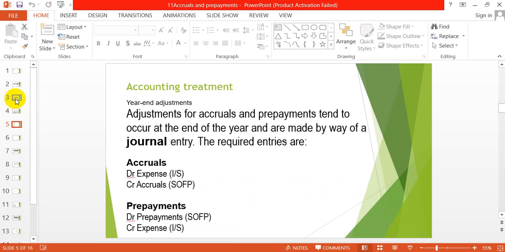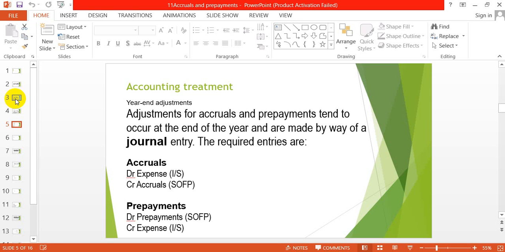So how do we treat these accruals and prepayments? For accounting purposes, the accrual, being an expense, will debit the income statement expense and credit an accruals account which will be in the statement of financial position.